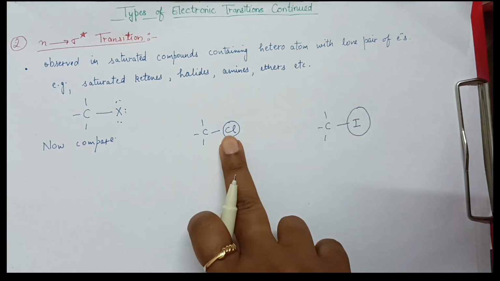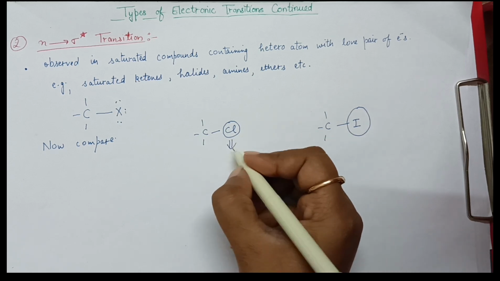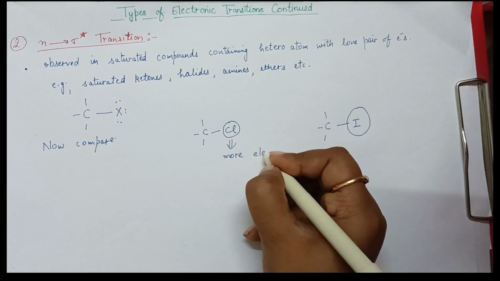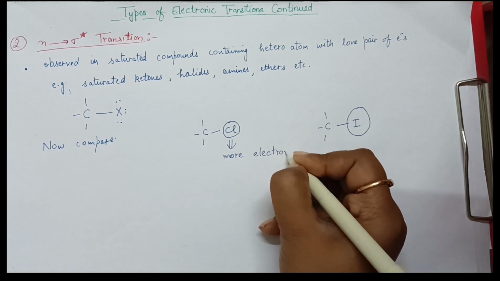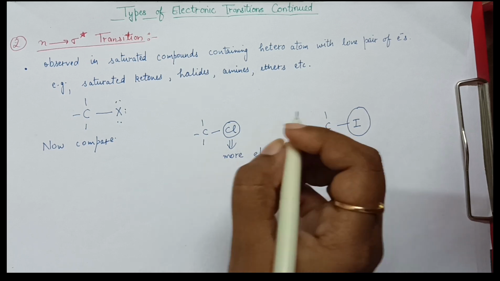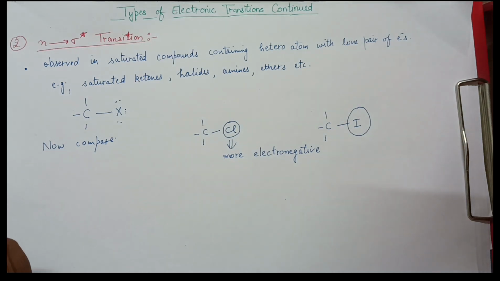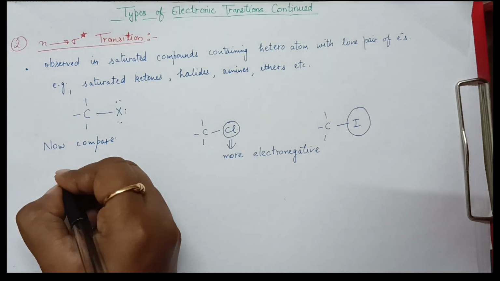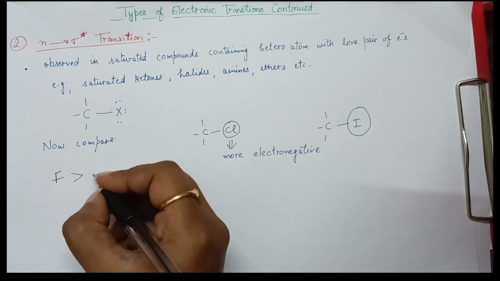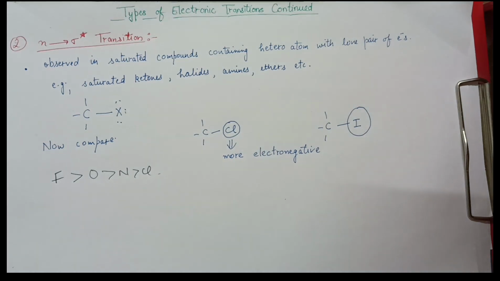Now if we compare this chlorine with this iodine, chlorine is more electronegative as compared to iodine, right? If we look at the electronegativity of the elements, fluorine is highly electronegative, followed by oxygen, then nitrogen, then chlorine.